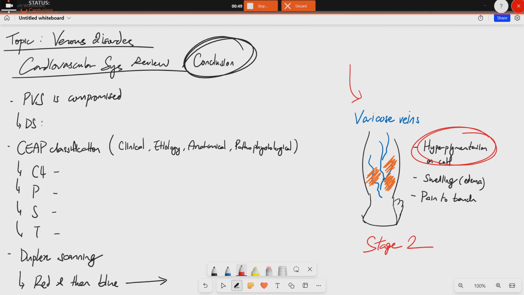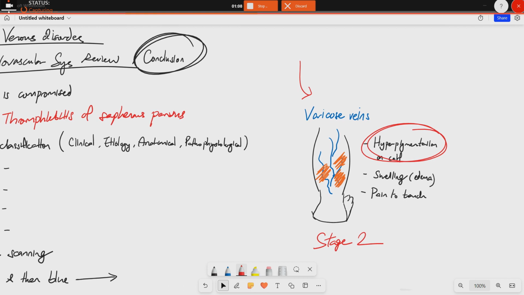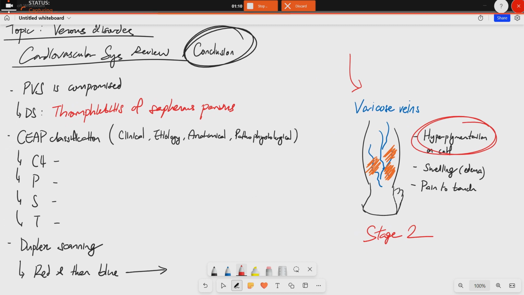Based on the symptoms, the diagnosis for this is thrombophlebitis of the small saphenous vein. According to the CEAP classification, which is clinical, etiological, anatomical, and pathophysiological, it is C4 due to hyperpigmentation.